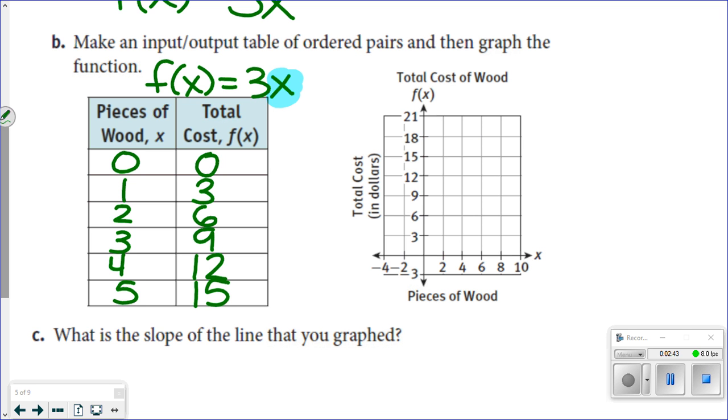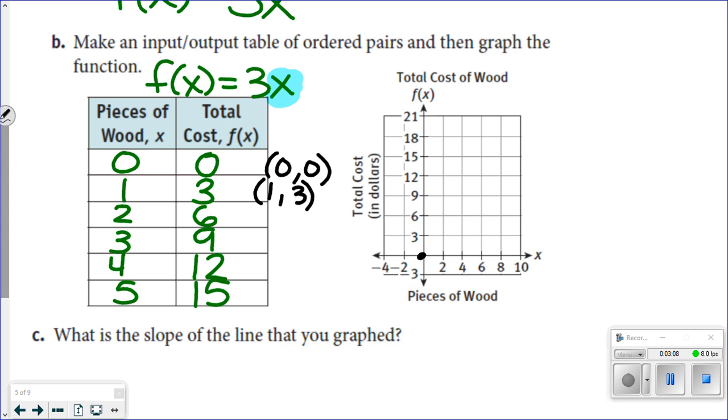So now we are going to use this table, and these are like our ordered pairs, and we are going to graph these. So the first column is our x values, and the second column is our y values. So we're going to graph these as ordered pairs. Okay? So my first ordered pair is 0, 0.